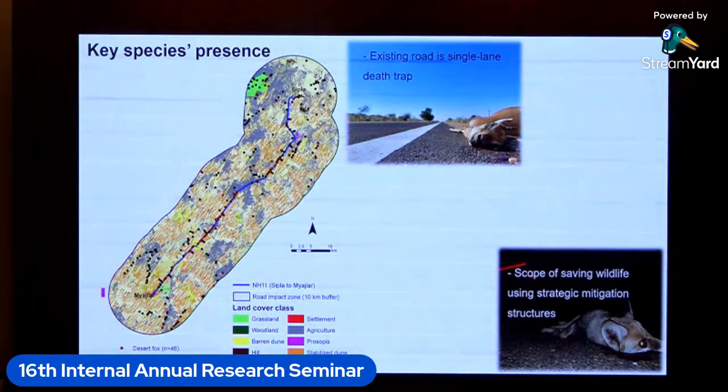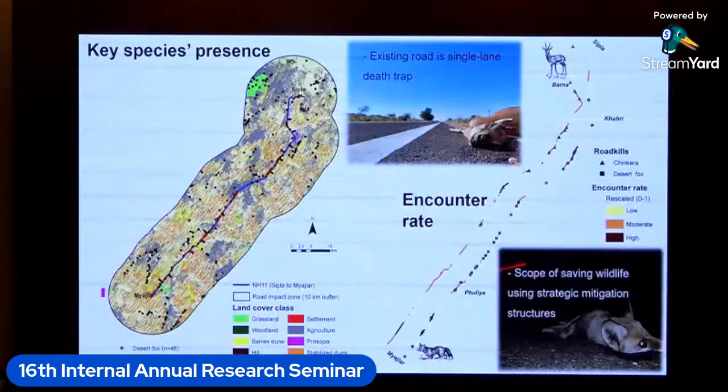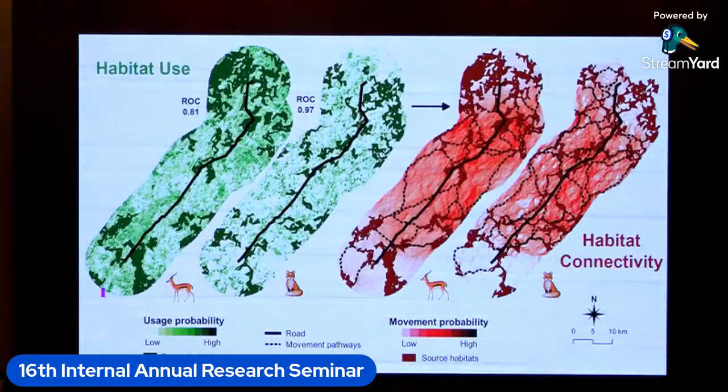This map shows the distribution of encounter rate for both key species along with the roadkill sites of Chinkara and desert foxes. The left two green maps show the habitat use models, an ensemble showing the relative habitat use for both key species.